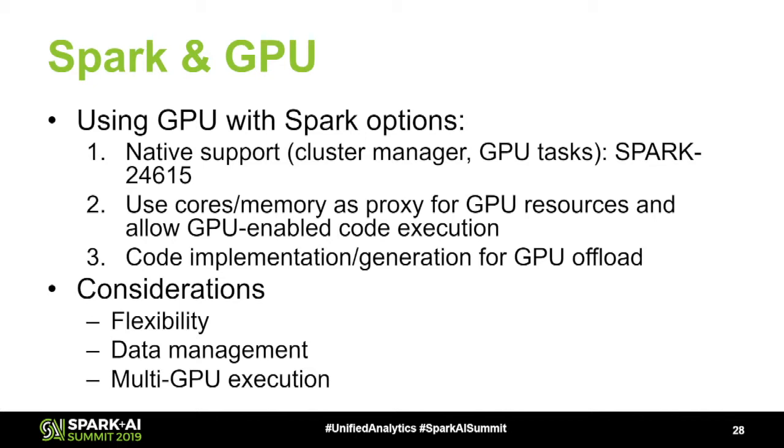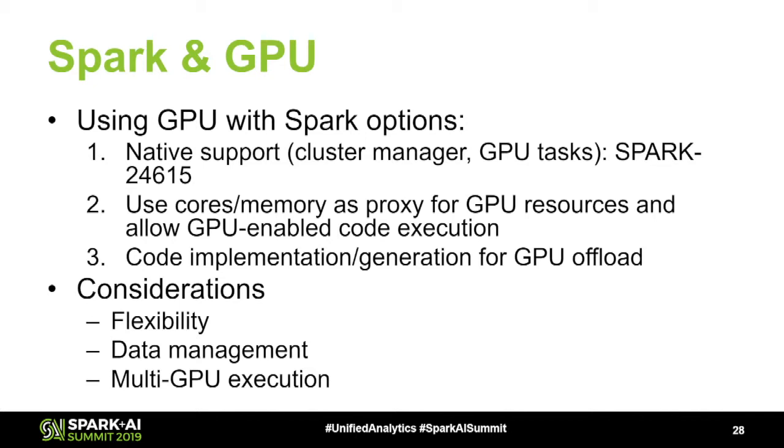flexibility. For example, if you go with one option, is it possible to switch over to another option sometime later? That is something to consider when you pick which one to go with, and data management is another consideration. If you think about Spark materializing data, the data gets materialized in memory. And if you're reading data through a deep learning toolkit, that data probably lands in GPU memory, right?